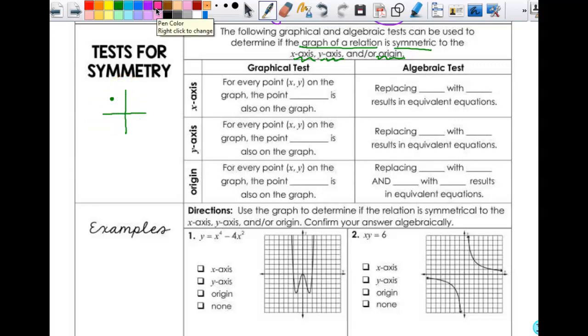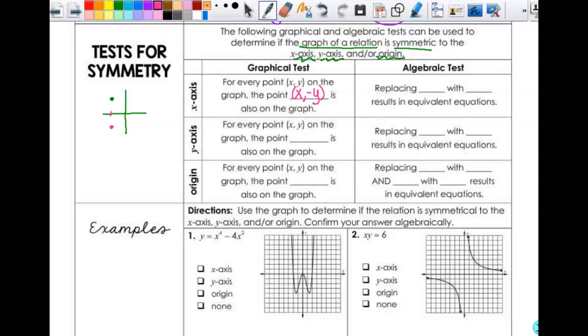Okay? So we're going to talk about the x-axis first. If I reflect this point in the x-axis, it ends up down here. So then I look at what changed. Well, my x value did not change. I have the same x value. So for every point (x, y) on the graph, x stays the same. And then y changed, but it wasn't a drastic change. All that happened was that we changed the sign. So this becomes (x, -y). Okay, so for every point (x, y), (x, -y) is also on the graph.